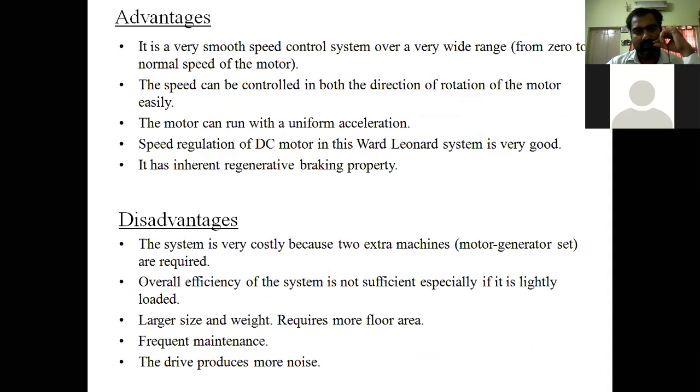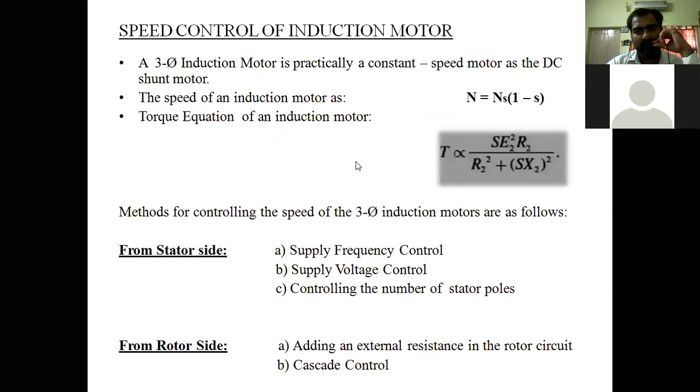These two types of motors are used under DC supply. When coming to AC supply, this is your induction motor. Here also you are going to use some methods to control the speed of your induction motor. But there is one difference between DC motors and AC motors.